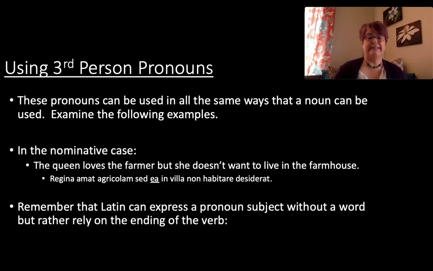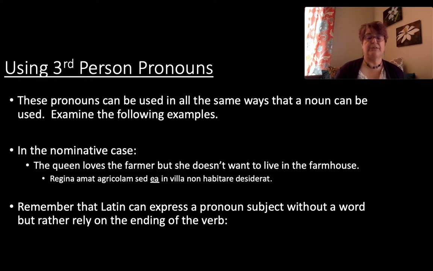Remember that in Latin, you can express a pronoun subject like he, she, it, or they, even we or you, without the actual pronoun in the sentence. You can simply rely on the ending of the verb.